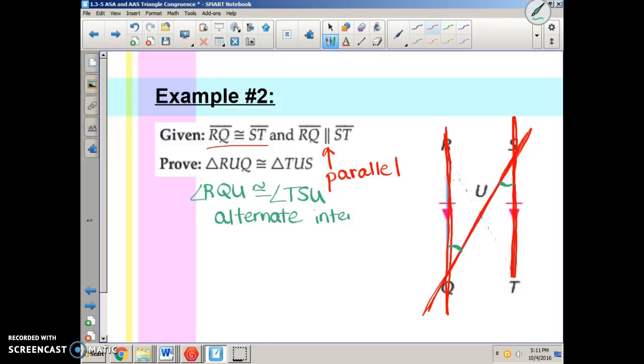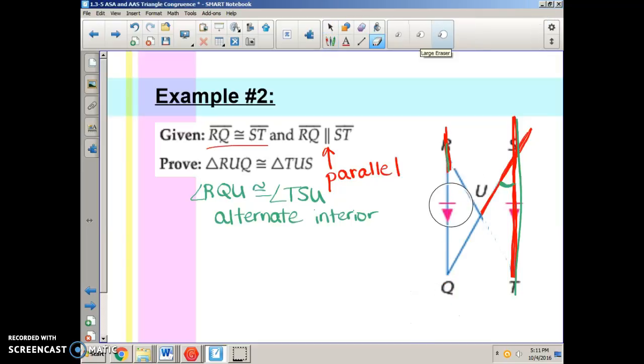Interior angles, because they are between the parallel lines. They are inside the two parallel lines. They're on opposite sides. This one's on the top, this one's on the bottom. So they're congruent. So I've got an angle, I've got a side. Well, we're practicing AAS, so I'm looking for another angle somewhere. So let's re-look at our picture. Now we've got all that stuff there.